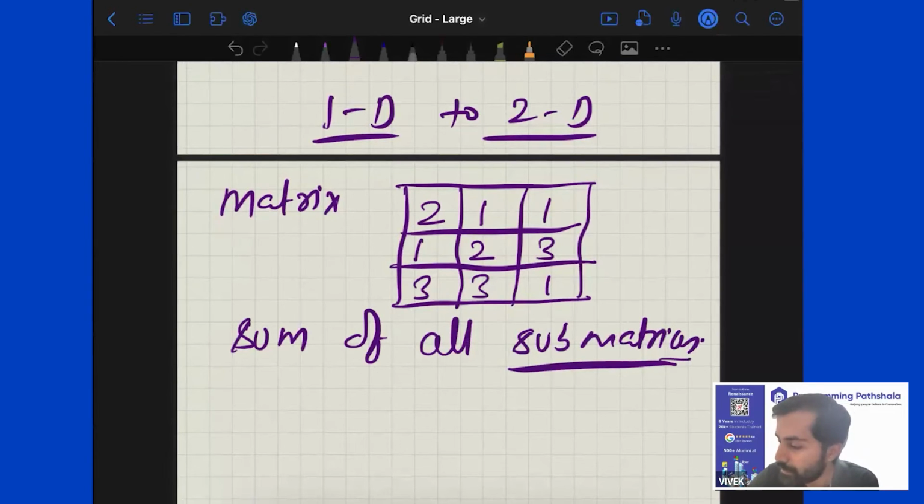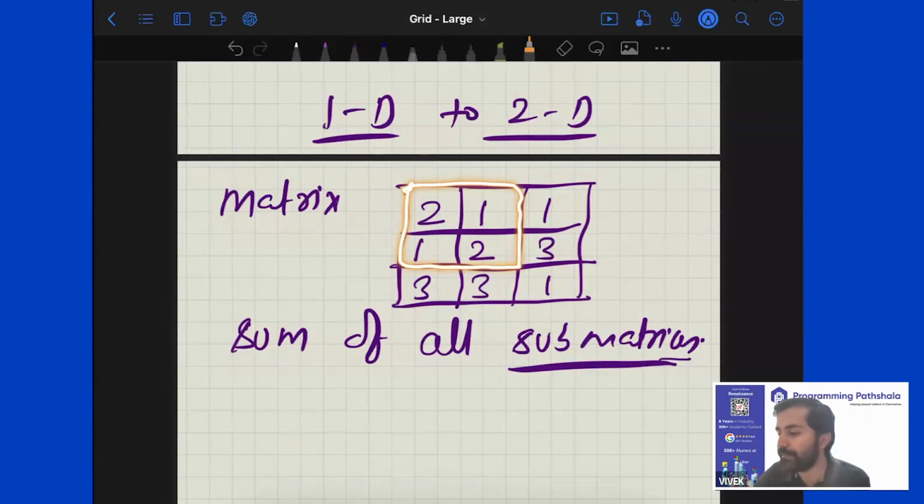So for example, this thing is a submatrix. This thing is also a submatrix. This little thing is also a submatrix. This thing is also a submatrix. So there are so many different submatrices. For each of those submatrices, I want to find their sum, and then I want to sum those sums.